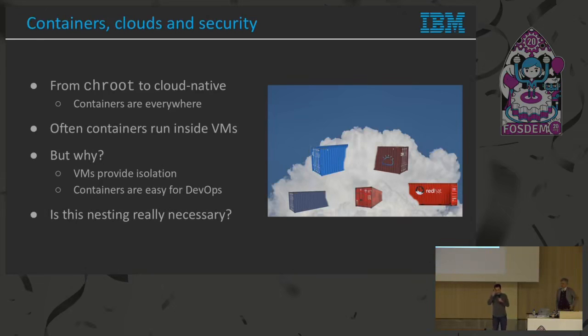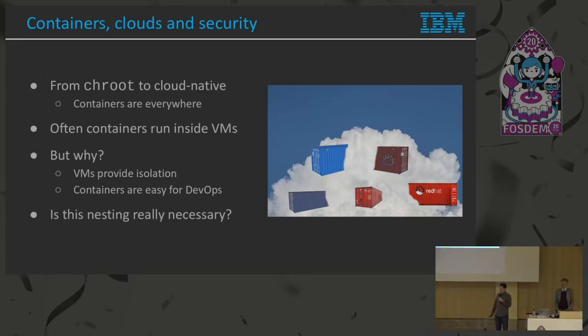If you used container services in public clouds, you noticed they all run their Kubernetes clusters on top of virtual machines, which creates an unnecessary level of virtualization, which obviously costs additional money, cycles, performance, and so on.